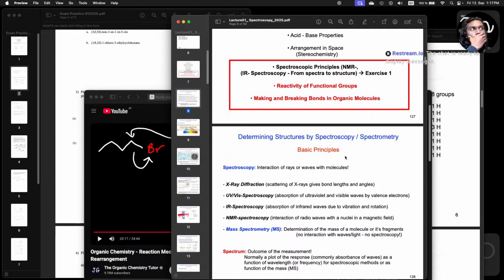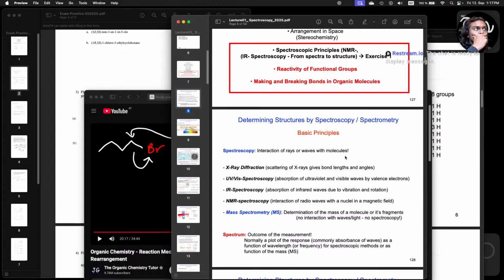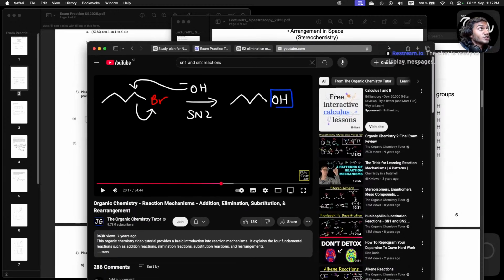Determining structures by spectroscopy, spectrometry, basic principles, interaction of rays or waves with molecules. X-ray diffraction, scattering of X-rays gives bond length and angles. UV-visible spectroscopy, absorption of ultraviolet and visible waves by valence electrons. When I say valence electron, it's the electron at the outermost shell.